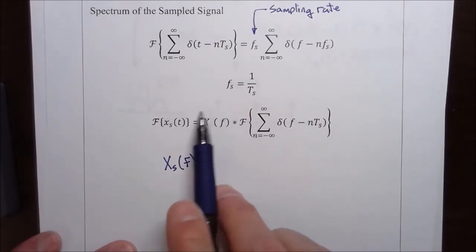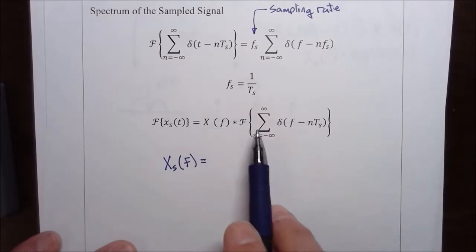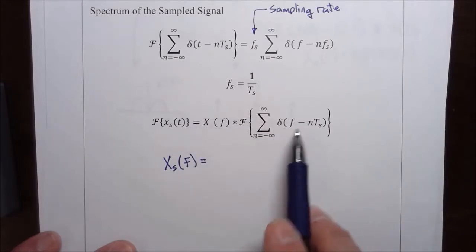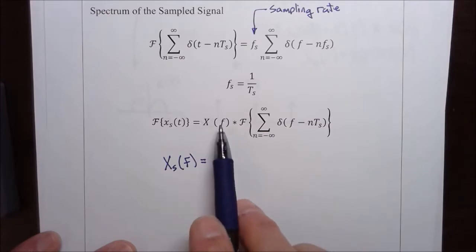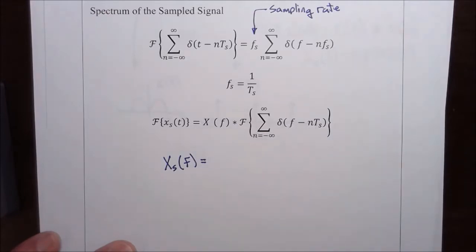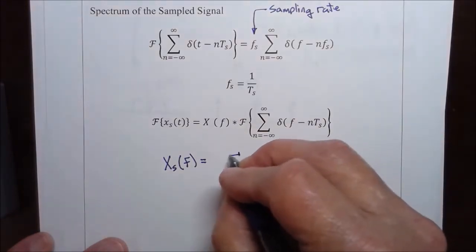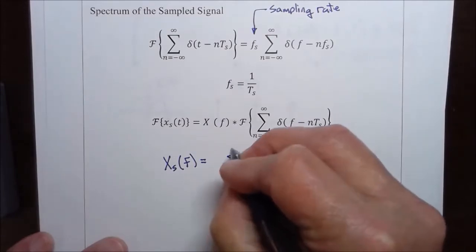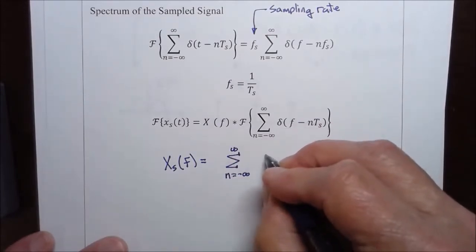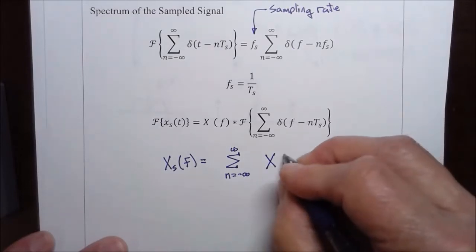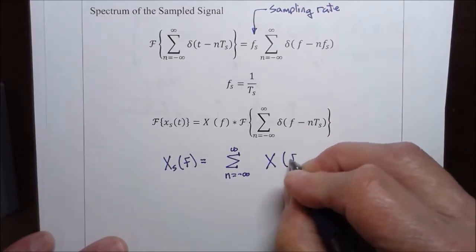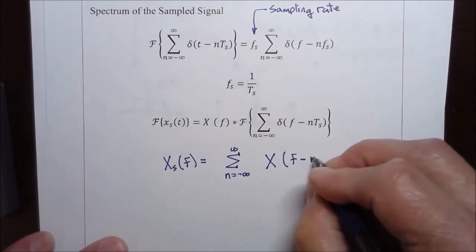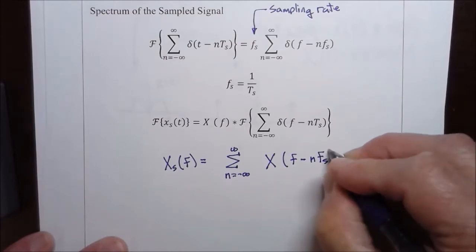Now when you convolve a shape with a train of delta functions, you replicate this shape at the location of each of these delta functions, and we can write that as again a summation n equals minus infinity to infinity capital X, and then we have f minus n times f sub s.